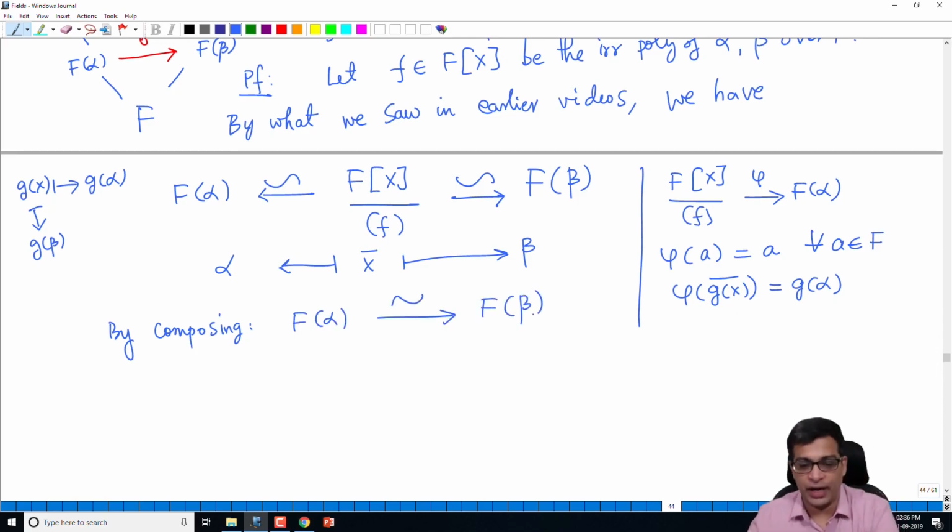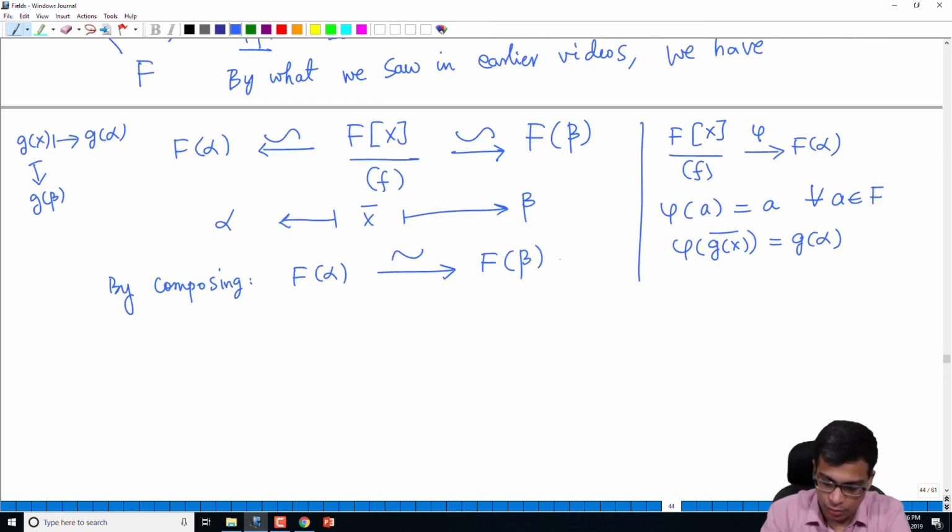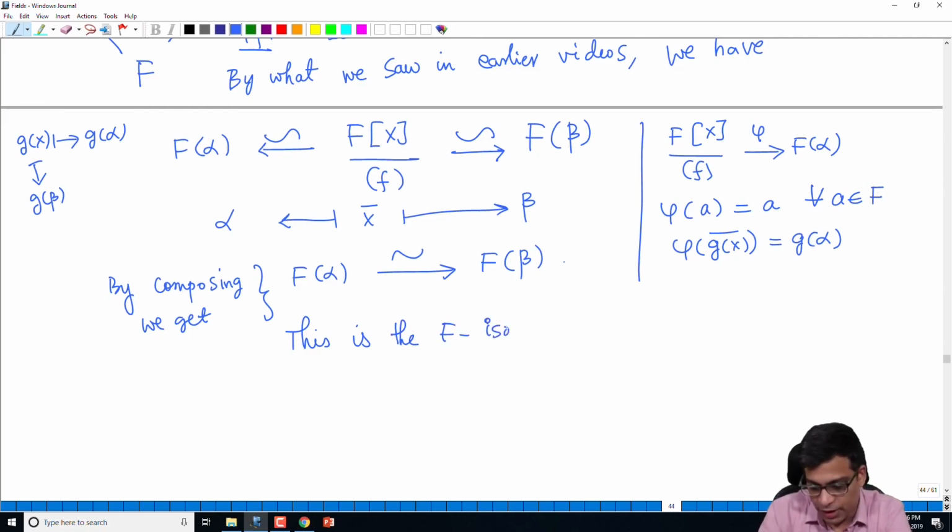In fact, it's a field isomorphism. And by composing we get the F homomorphism, in fact I will write F isomorphism, we are looking for.